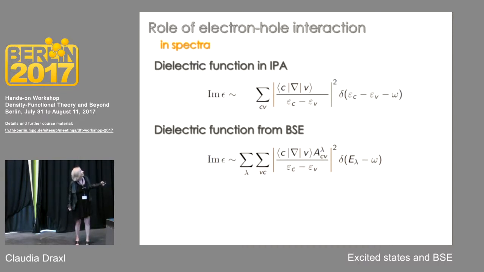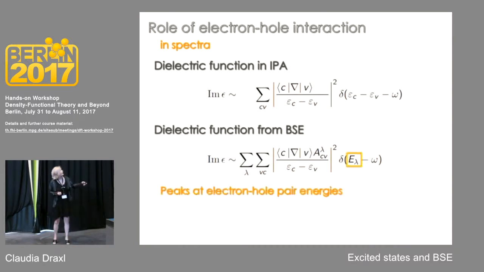Now, looking at the dielectric function that you get from the BSE, it looks very similar, but there are two distinct differences. One is that the peak positions obviously are not anymore at the distance between valence and conduction bands, but they are now at the energies of the electron-hole pairs.